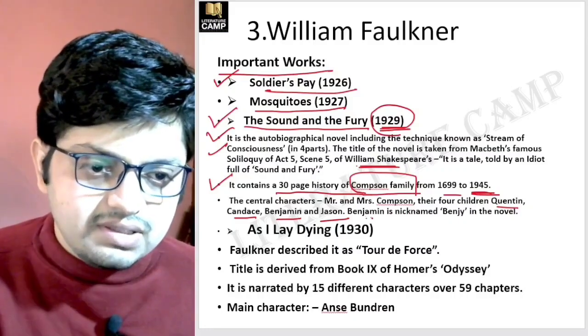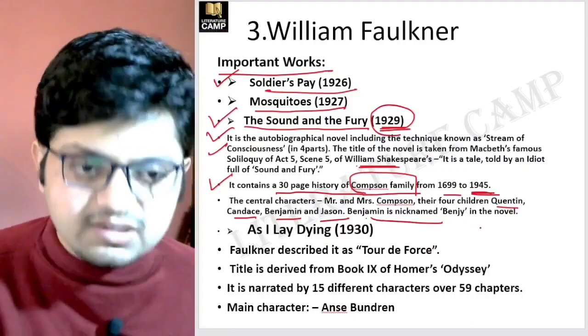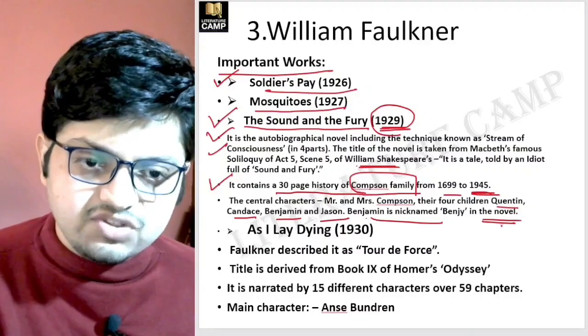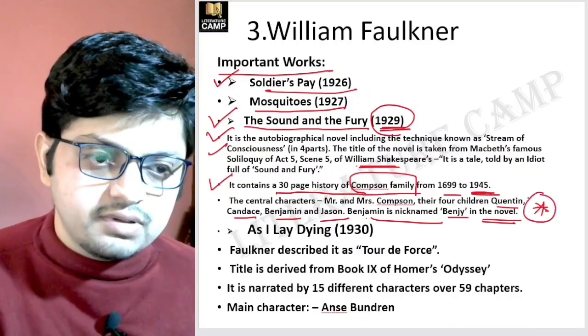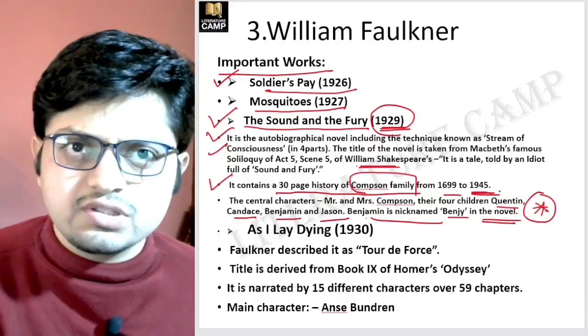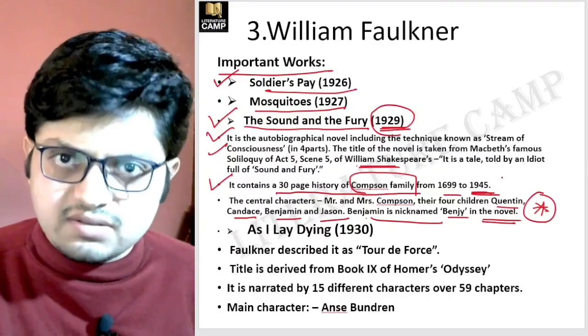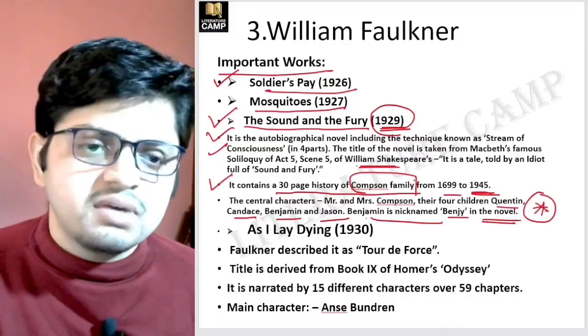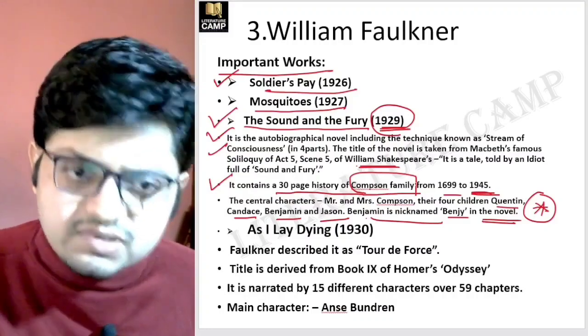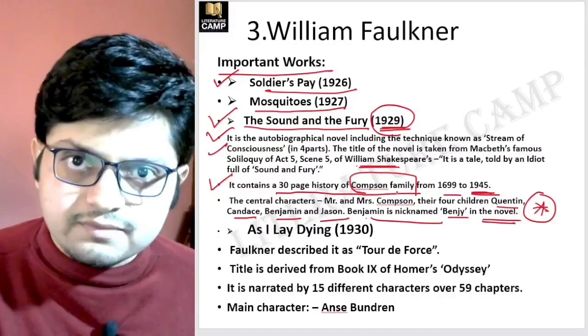Benjamin is nicknamed Benji in the novel. So please write it down. This is a name which we need to give limelight, very important. They may ask other questions as well, but I hope all the information I have given is enough.